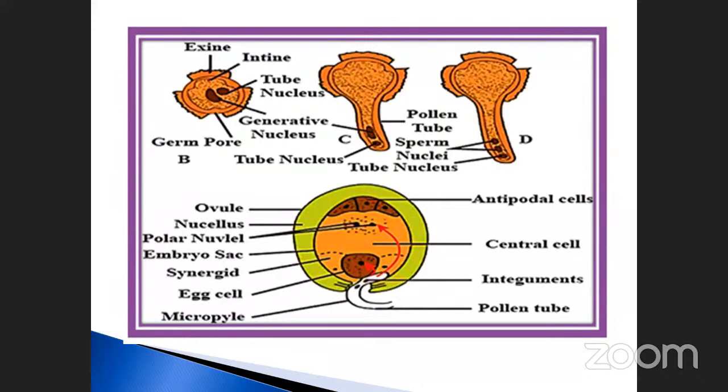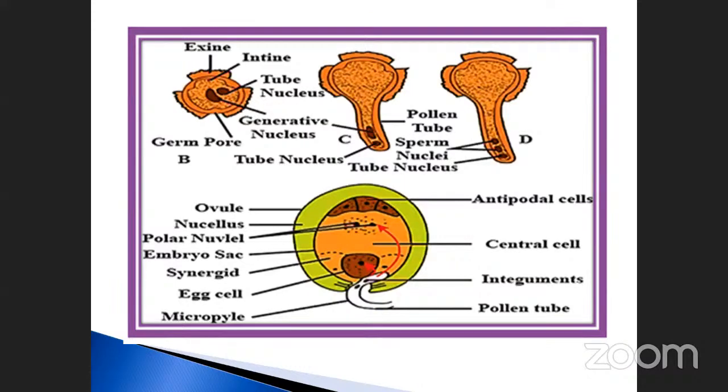Very good. Because the generative nucleus is the main nucleus. The tube nucleus is only for directing the pollen tube. Good. Does the tube nucleus further undergo divisions or not? Sir, no, sir. Once the pollen tube reaches its destination, it disintegrates.